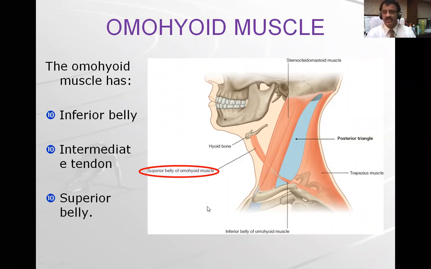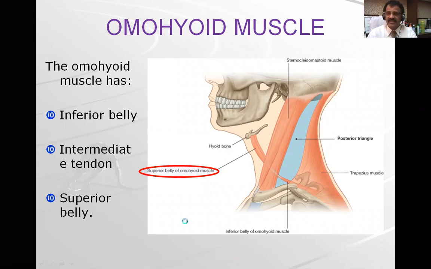This image will show you a clear picture of the omohyoid muscle. It arises from the suprascapular notch here, this inferior belly, and the superior belly you can see is attached to the hyoid bone, and in between these two bellies you can see the intermediate tendon.